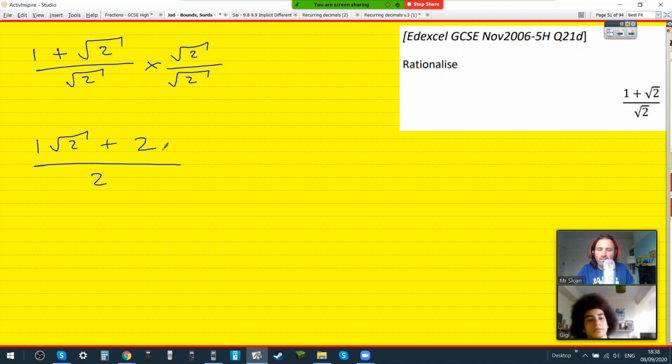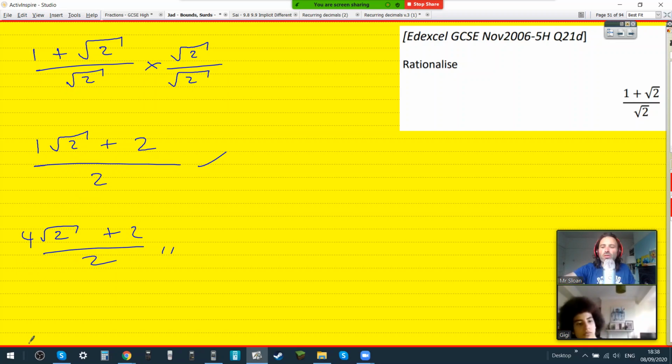Plus 2. Simplify it to, and that's it. You could simplify it down to root 2 plus 2 over 2, but there's no simplifying. They could only be simplified if they all were 2. So if you had a 2 there, or a 4, or a 6, or 8, and so on.